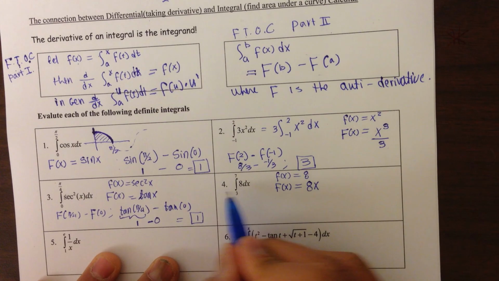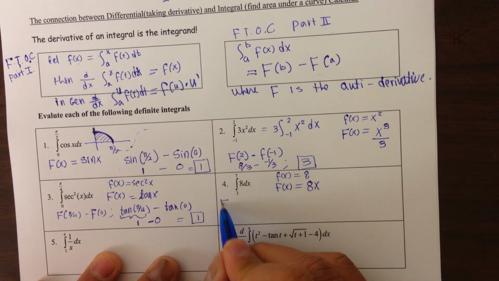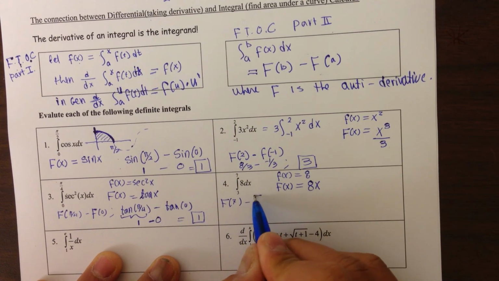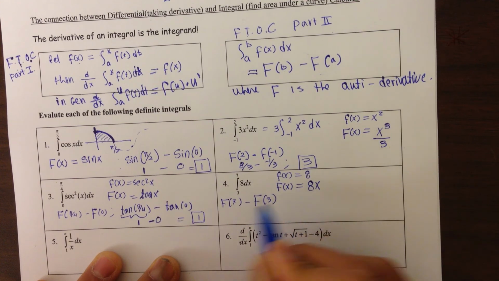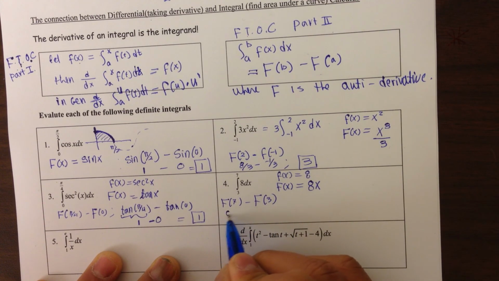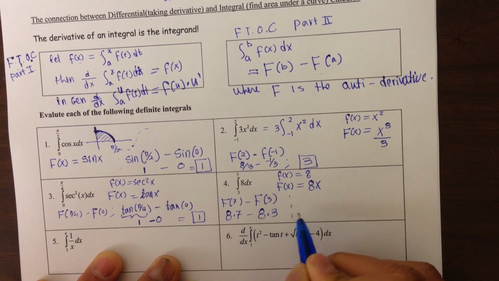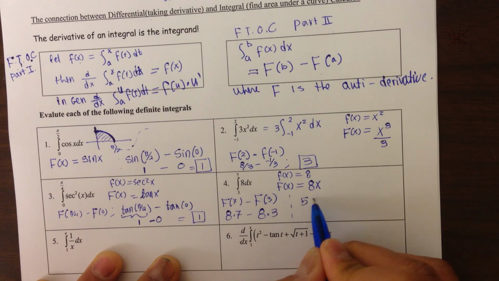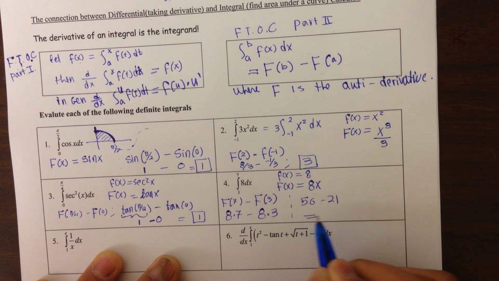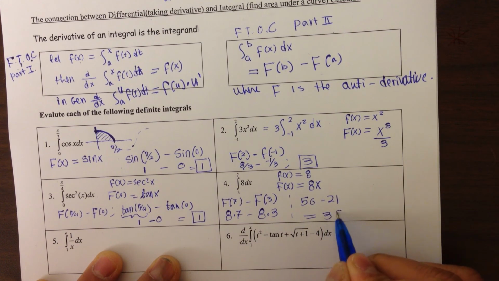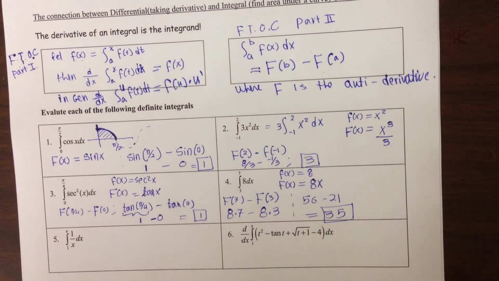So now you're just evaluating big F at 7 minus big F at 3. Big F at 7 is going to be 8 times 7 minus 8 times 3. So in this case, 56 minus 24, you get 32. Okay, so the area is 32.